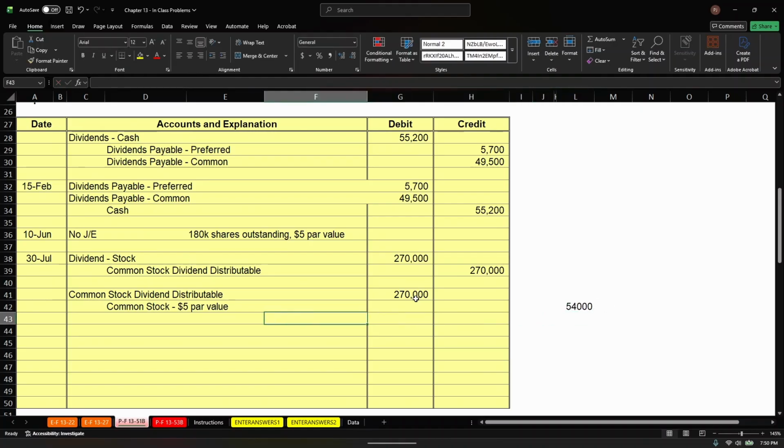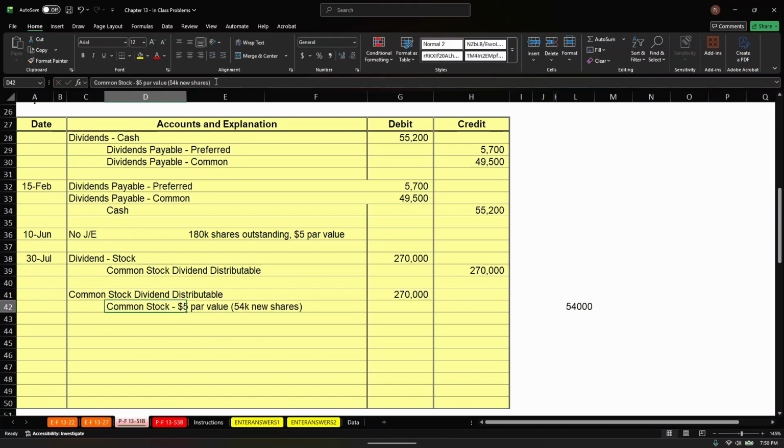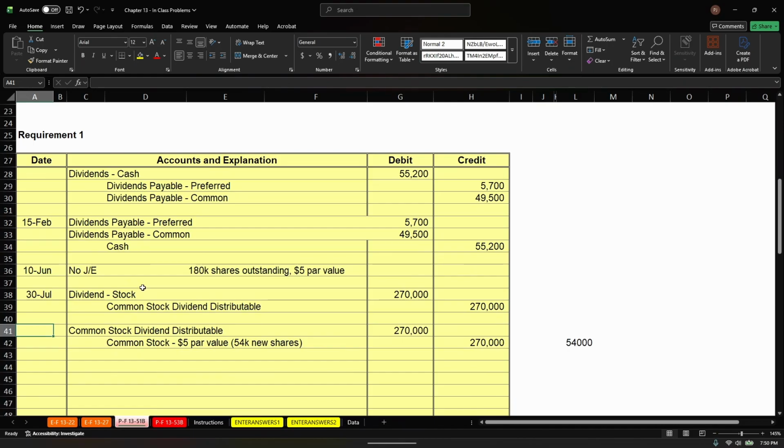So 54,000. That's the number of new shares. So I can maybe put that in parentheses. 54,000 new shares. And again, these 54,000 shares will be distributed to the existing shareholders in proportion to their percentage ownership in the business. Okay, so this is August 15th.